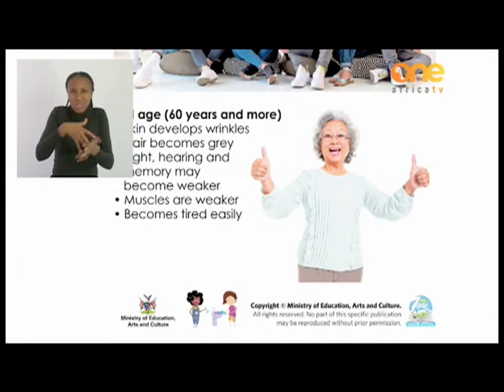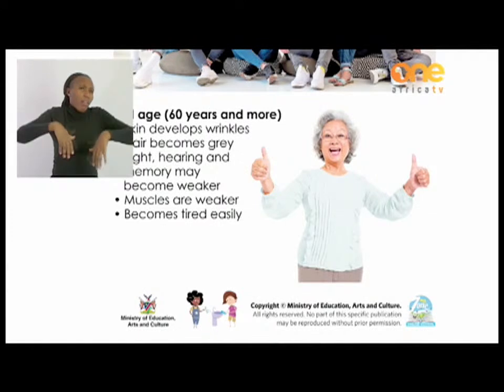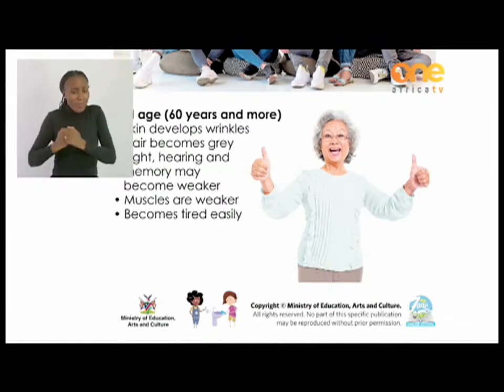Even if you feel them, you can feel that their muscles are a bit weaker compared to teenagers, adults, and the rest of the people. And they become tired so easily. When you walk a distance with your grandmother or grandfather, you realize that sometimes they pause the walk or tell you, let's rest a little bit because I'm tired. Those are the characteristics of old age, which is 60 and above.